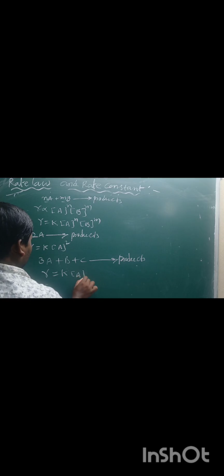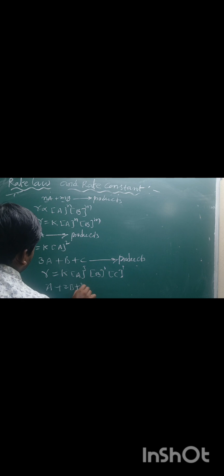For example, 2A gives rise to product: R is equal to K into concentration of A whole square. 3A plus B plus C gives rise to product: R is equal to K into concentration of A power 3, concentration of B power 1, C power 1.